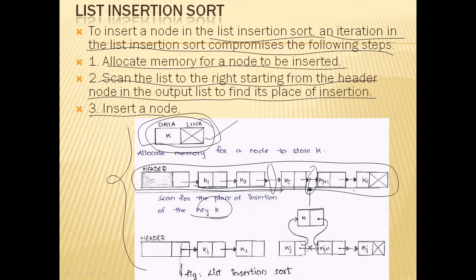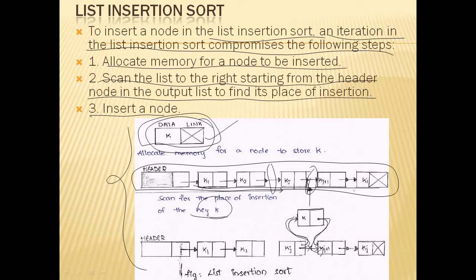Then kj will link to this node, and this node will link to kj plus 1. We already know this middle-insertion concept in linked lists, so it happens like that.